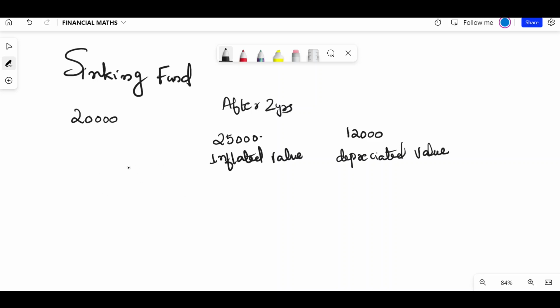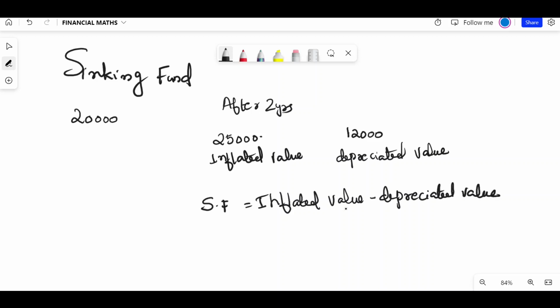So in the future, after 2 years, you want to get this amount, which is the difference between the inflated value and the depreciated value. Inflated value minus depreciated value, that is called a sinking fund. So a sinking fund is an amount you will get in the future, because only after 2 years can you sell it and then get that difference.